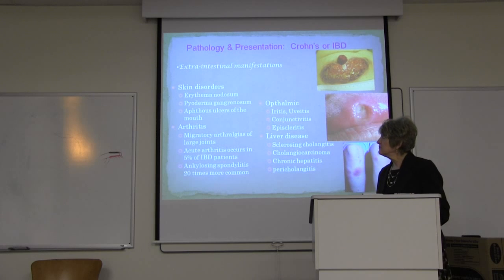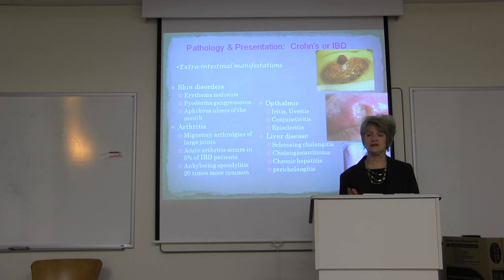Okay. Now, I don't want you to get lost in this next section, but I want you to know that even though we refer to IBD as inflammatory bowel disease, it's much more than that. It is a systemic autoimmune condition. And it can definitely involve organ systems other than the gut. The gut's the primary organ system. That's what we're always focused on.